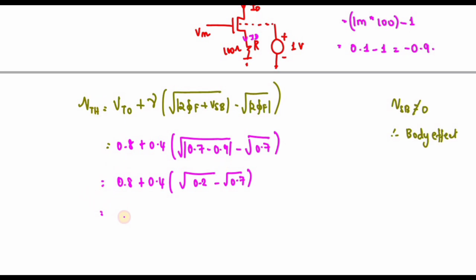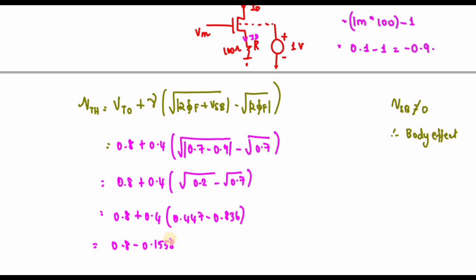You can see the value of VTH gets reduced. Initially it was 0.8, but now, with 0.447 minus 0.836, you will get the answer as 0.8 minus 0.1555.